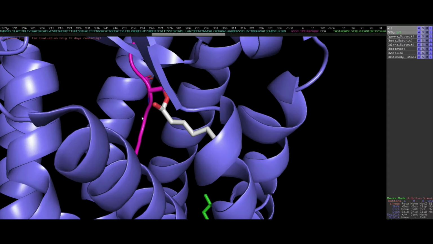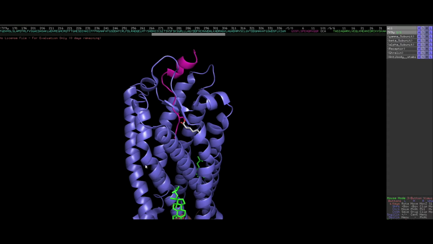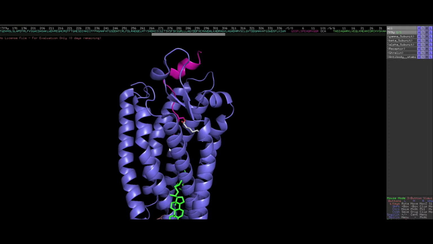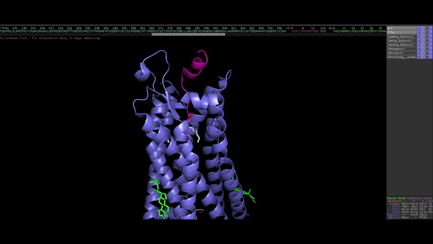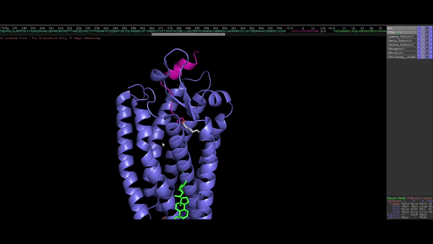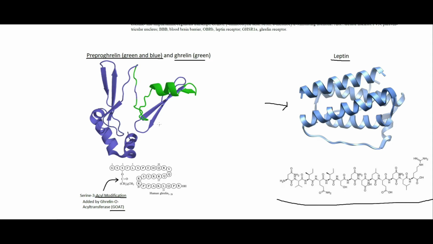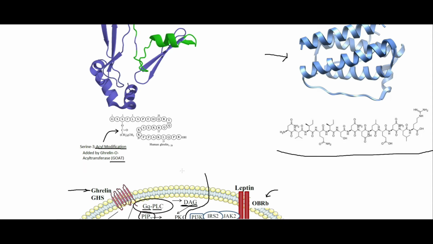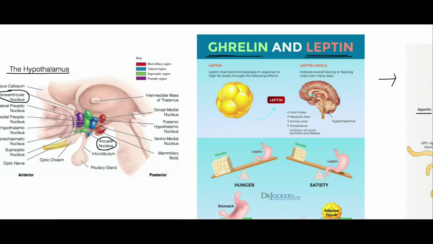And so we see that that's actually down here in the binding pocket of the receptor. And so that is why it's necessary to have that attached to ghrelin in order for ghrelin to actually be active and functional. And so yeah, that was the ghrelin receptor.